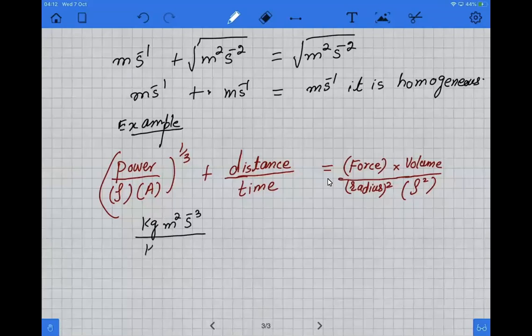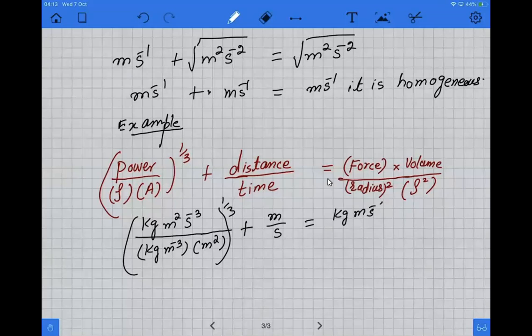Unit of density is kilogram meter minus 3. And unit of area is meter square. Plus distance is in meters, time is in seconds, whole power 1 by 3 here. On the right hand side, force is kilogram meter second minus 2. Volume is meter cube. Radius is meter. Density is kilogram meter minus 3 but whole square.